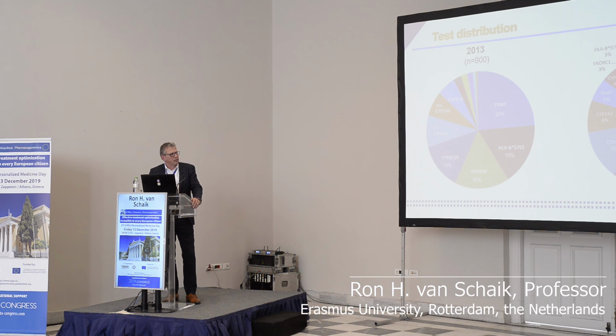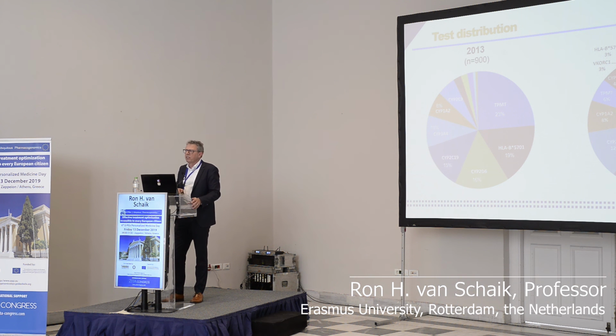So these three cytochromes together have taken a large share. DPYD for capecitabine is at 14%. And you can see that HLA-B*5701 went back to 3%. The total number is completely different, 9,000 versus 900. So the total number of HLA-B*5701 tests stayed the same, only there was a huge increase in the cytochromes, and that's why the percentage changed.